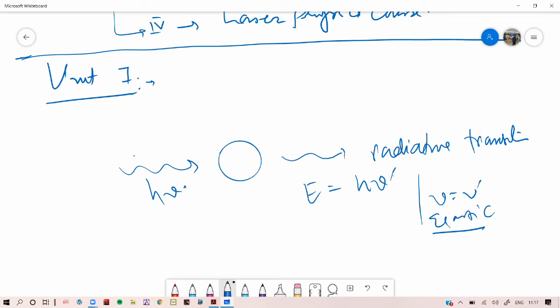If we give that much energy to the atom, the incoming energy will match some of the energy levels of the atom. When it matches, it can make a transition of the electron from one state to another state.